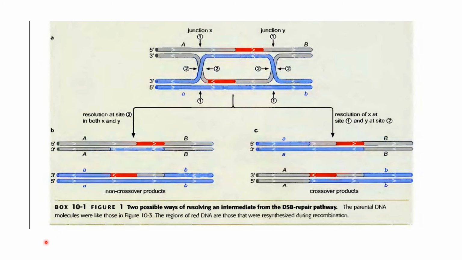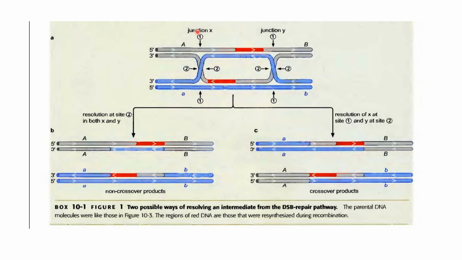It is available only in red color, but it doesn't make any difference. You can see these two intermediates with two Holliday junctions. For our convenience we will label this one as X and this one as Y. Now see, there are two options.